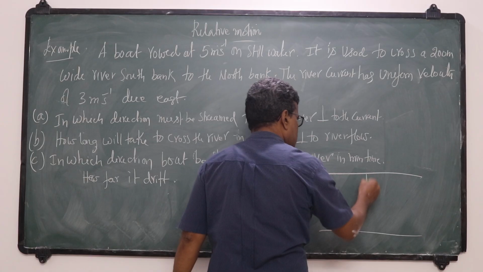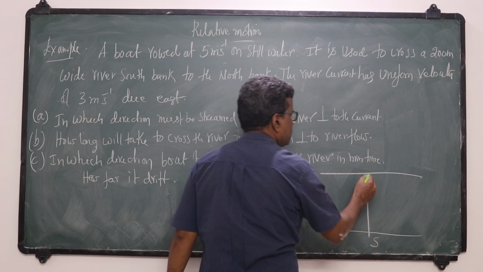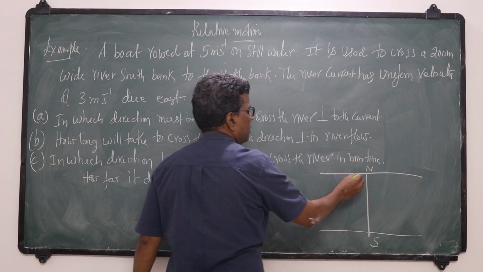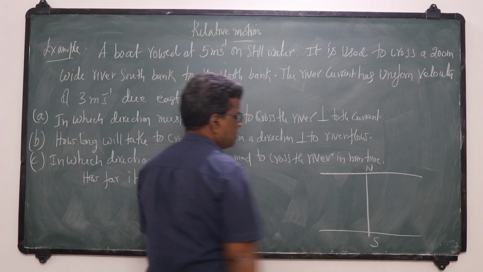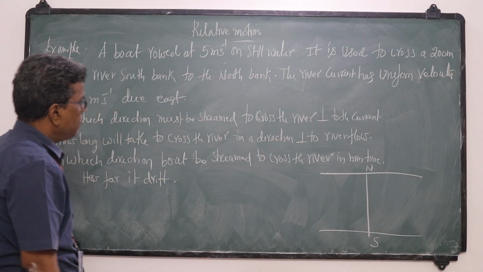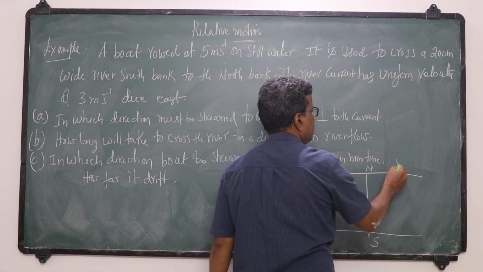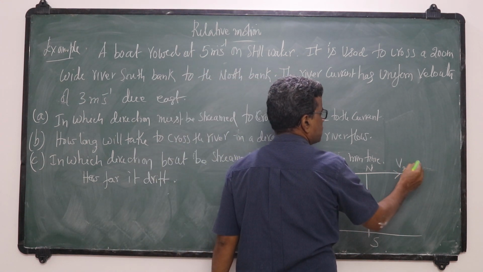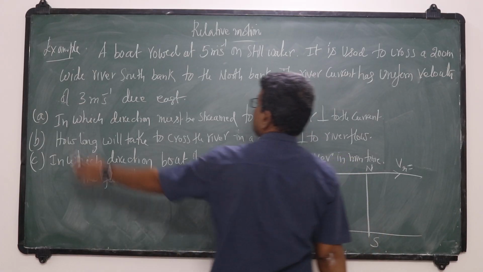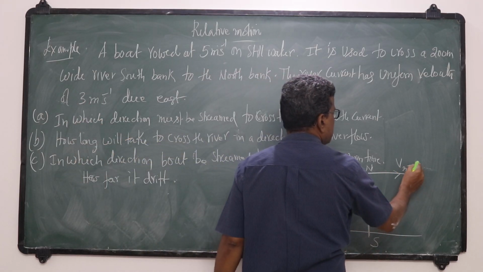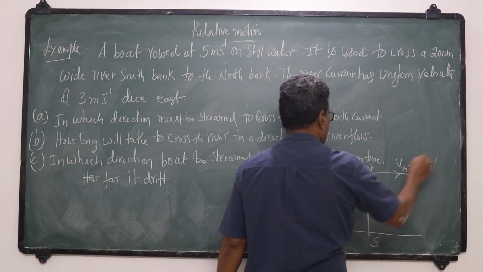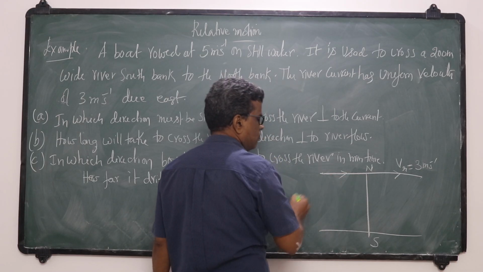This is the south bank, this is the north bank. The river is flowing towards east with velocity VR, 3 meters second inverse.